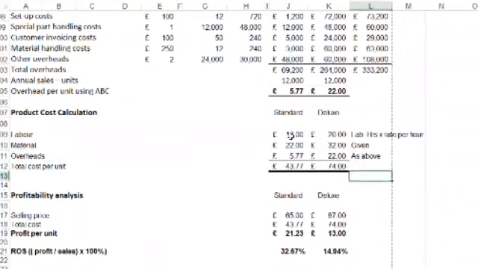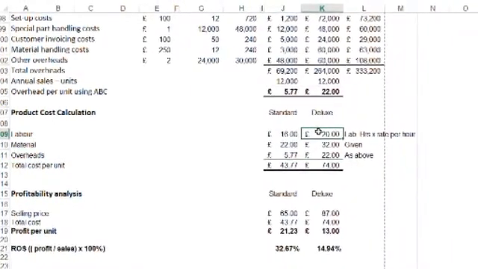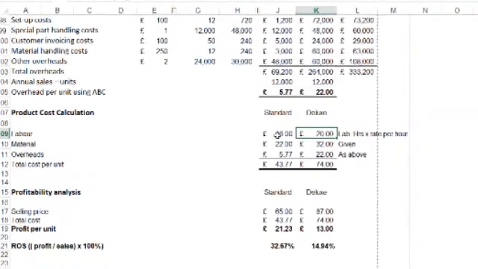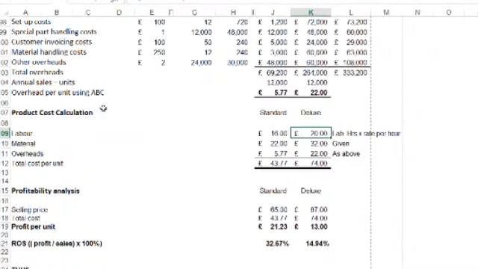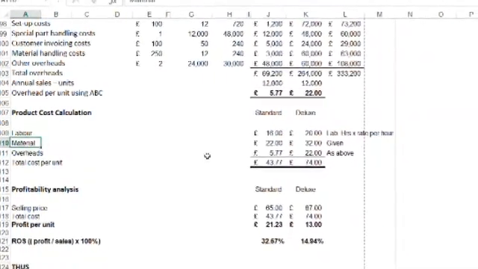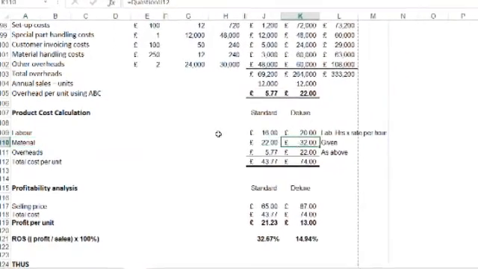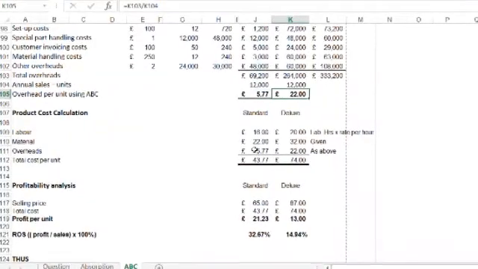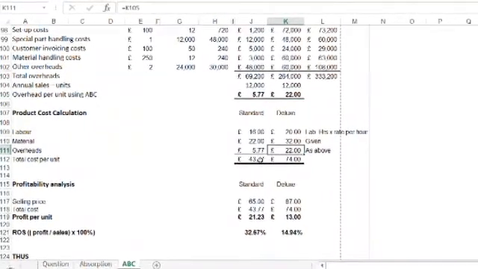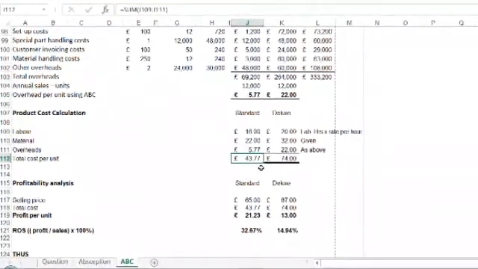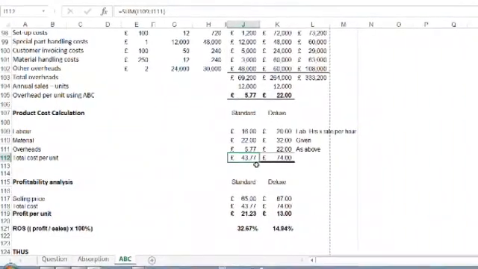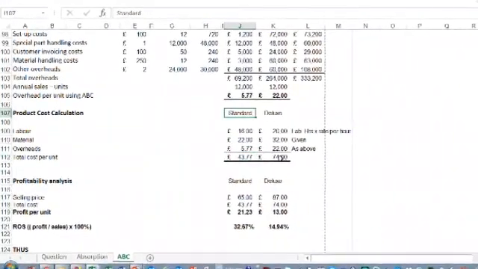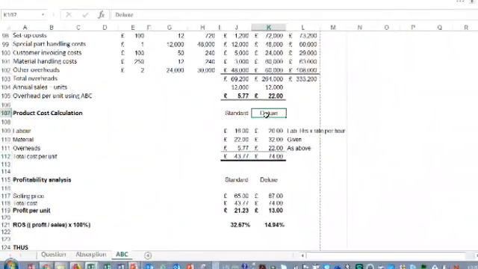Otherwise, the prime cost remains same. So we use the same figures as we used in our absorption costing, 16 pound and 20 pound for labor, for material 22 pound and 32 pound, but for overheads we use these two figures. And we add them and we get 43.77 pound for standard and 74 pound for deluxe.